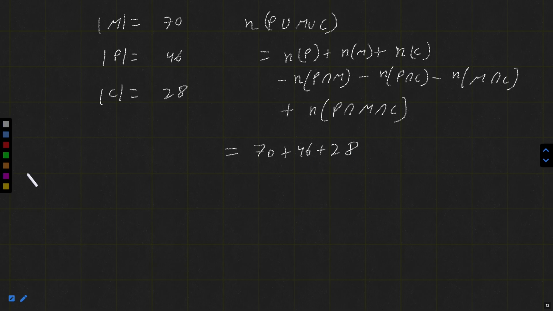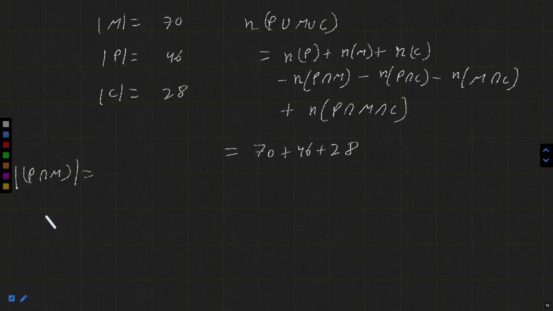Now let's try to find out the cardinality of P intersection M. What will it be?